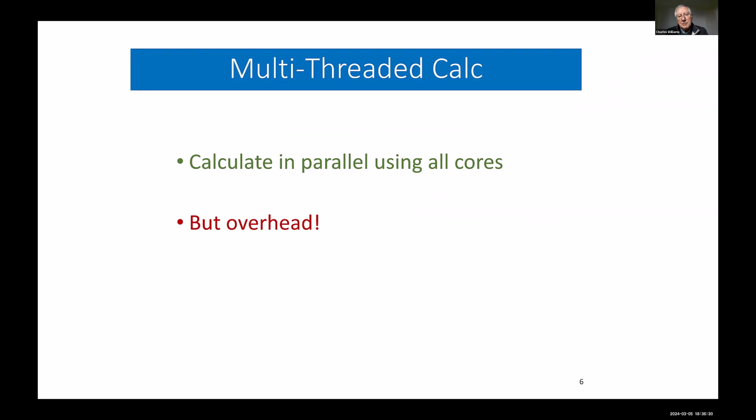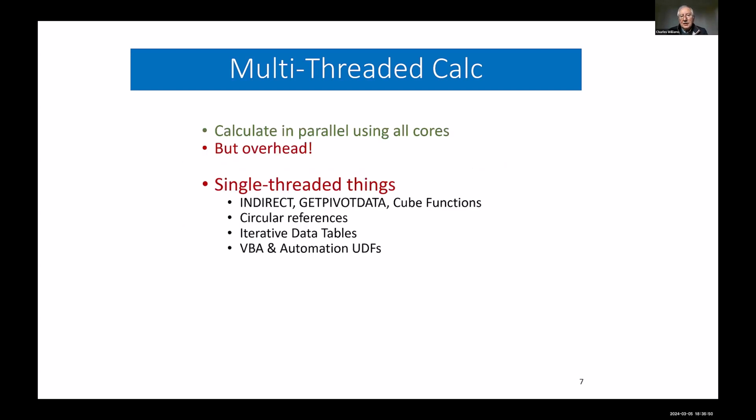This is probably the biggest speed-up introduction that Excel's ever had, because today's PCs, of course, have got an increasing number of cores. The only problem is that there's an overhead in Excel working out how to spread things across cores. So sometimes it gets slower. I had a case a couple of months ago where a guy had a machine with 96 different cores on it, and it was calculating slowly.